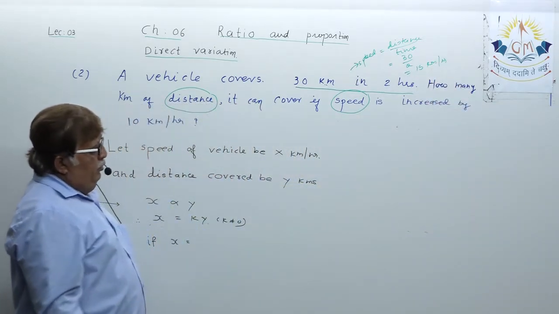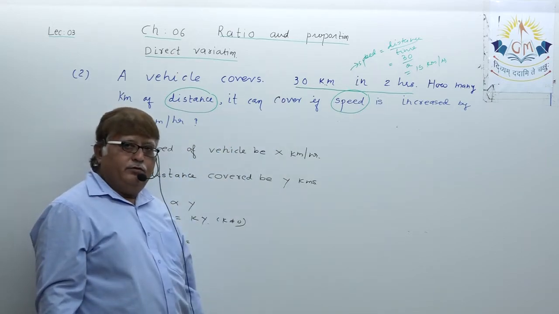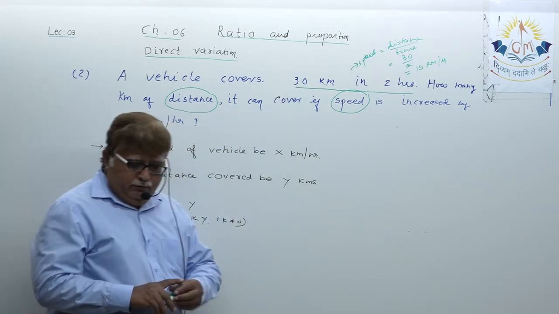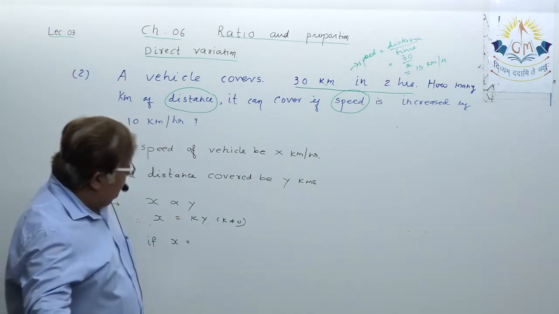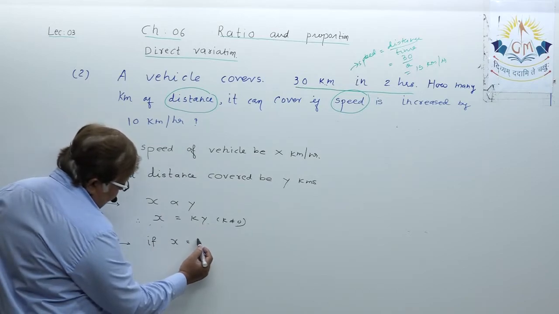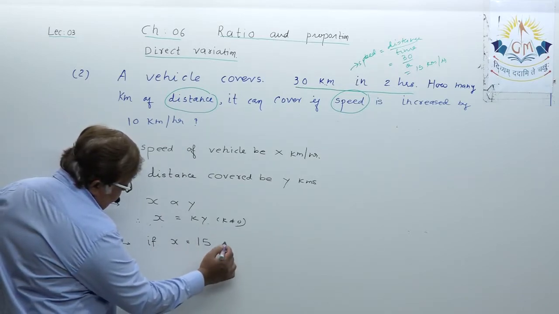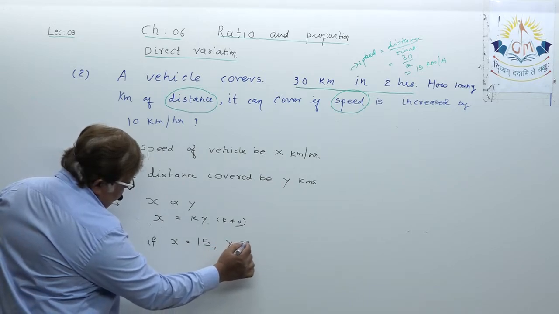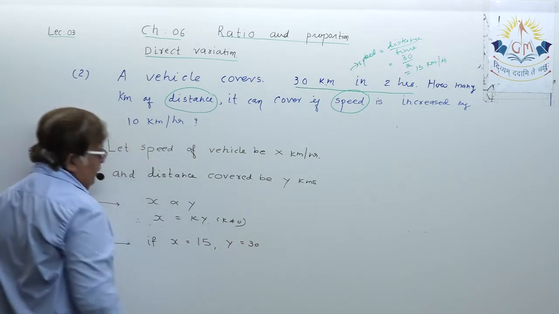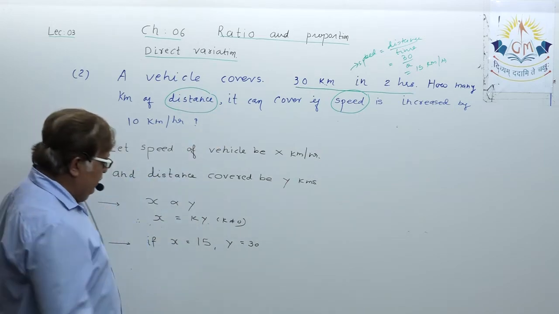Okay. So you got the speed and you got the distance also. So what are we writing now? If x equals 15, y equals 30, because at this speed it has traveled 30 kilometers.